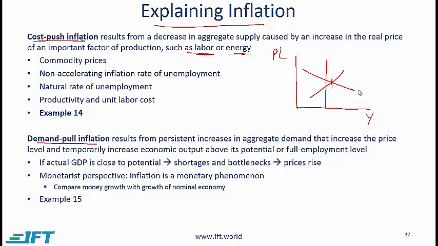If there is an increase in commodity prices or if there is an increase in wage rate, then the short-run aggregate supply will shift to the left, and notice that that will cause upward pressure on prices. If upward pressure is coming because of increases in input prices, then we say that this is cost push inflation.